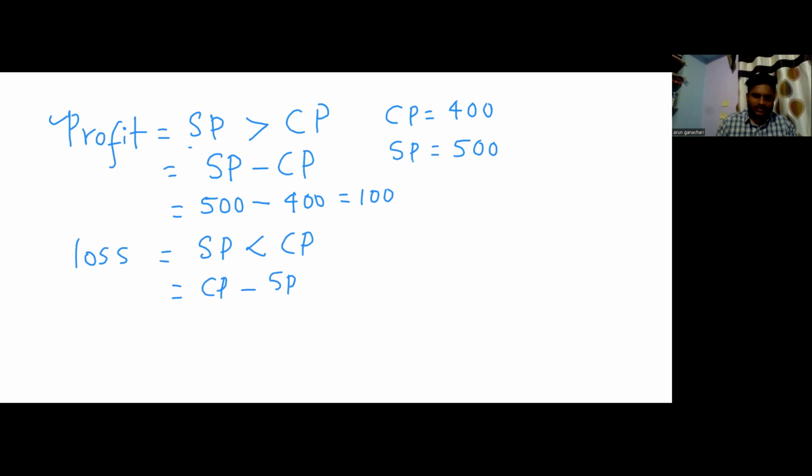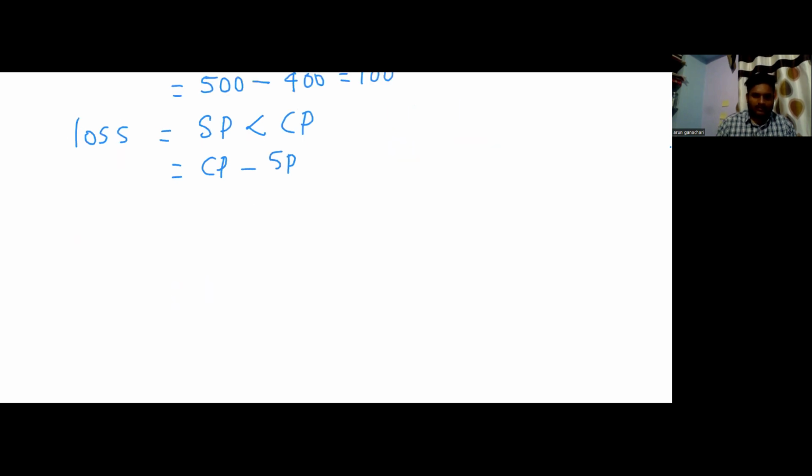Then after this, we have something called profit in percentage. From here, your main topic starts. Profit percentage is nothing but profit divided by CP into 100%.